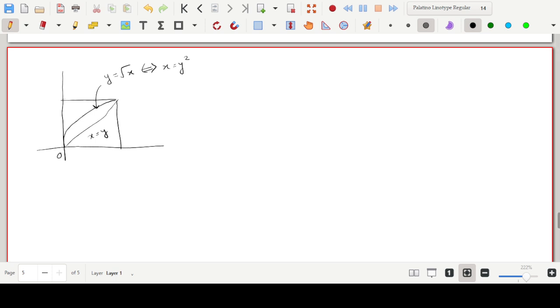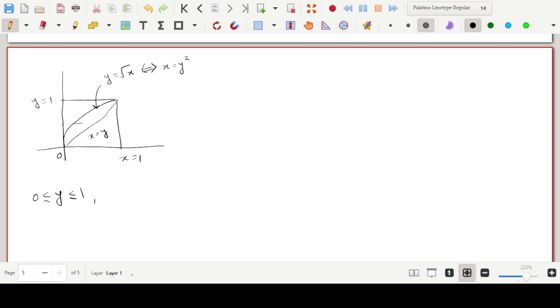Now suppose we let y vary between 0 and 1. For every fixed y, between which two values does x vary?